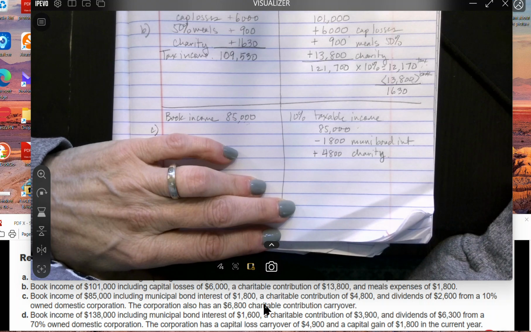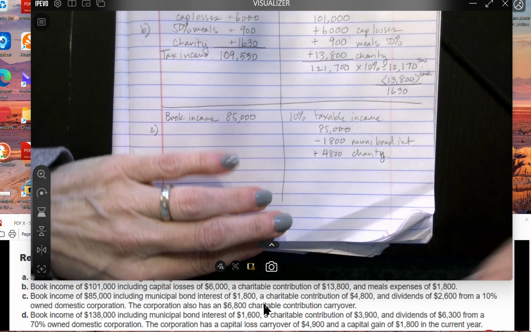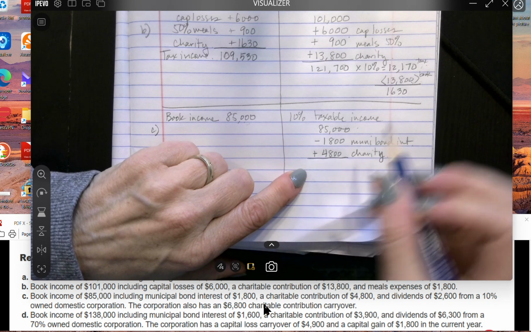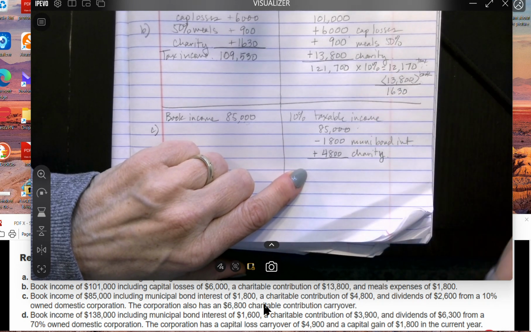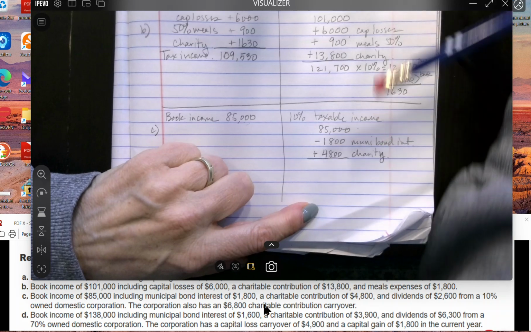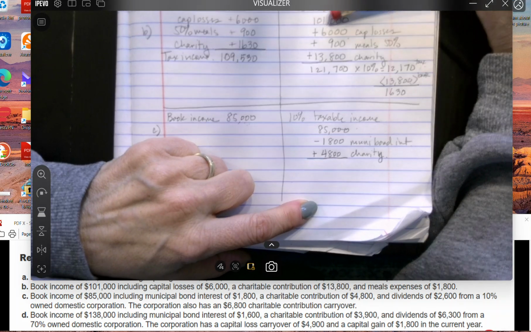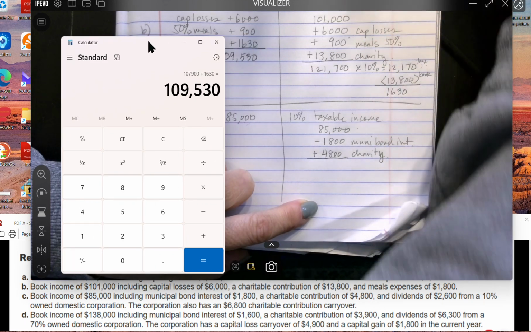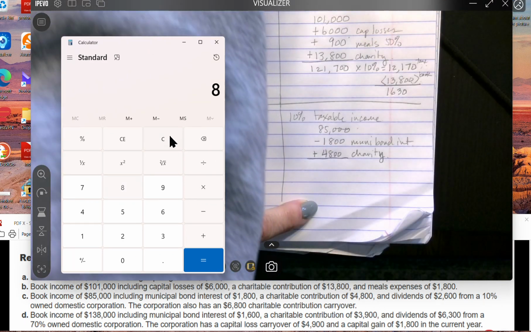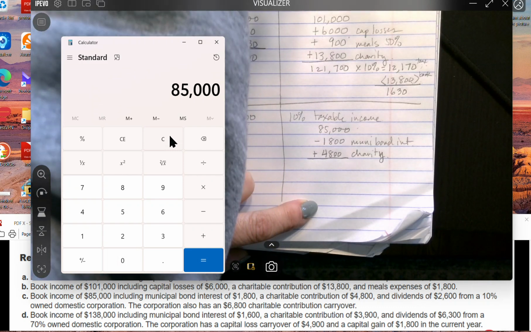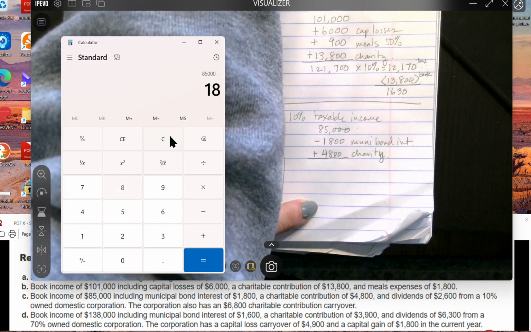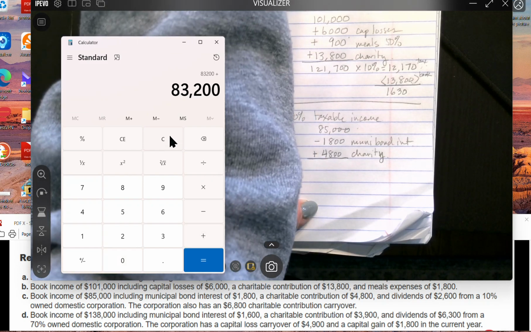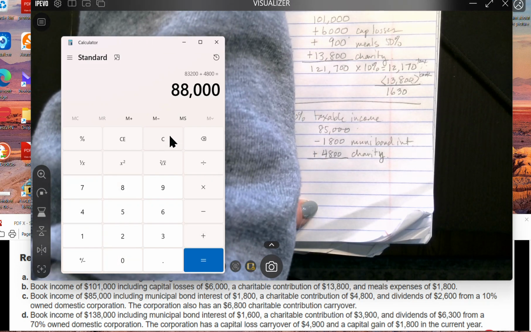And I think, yeah, so that's all we need to do at this point to find the amount that we're going to use to multiply by 10%. So we'll do the math on that. Okay. Minus 1,800 plus 4,800.